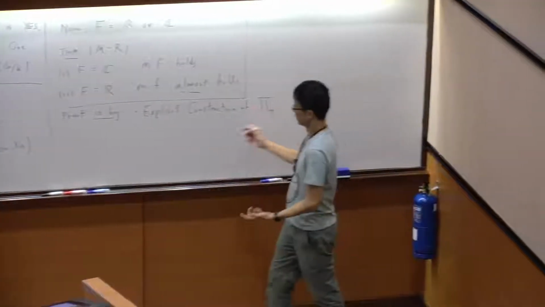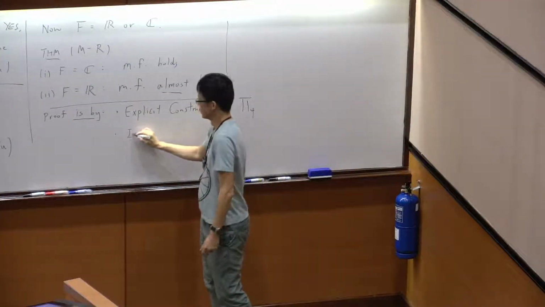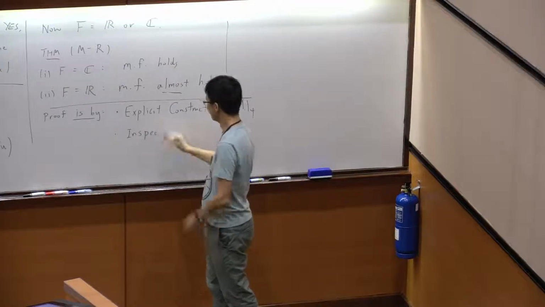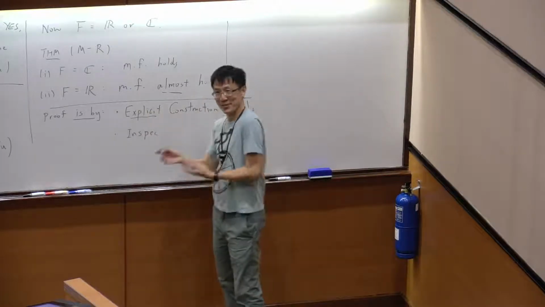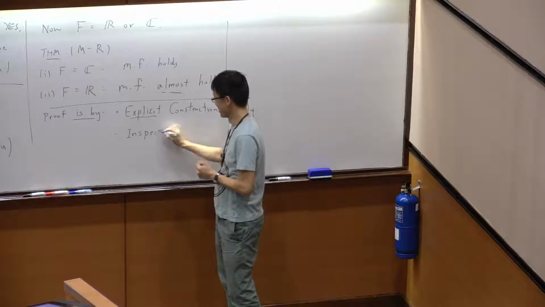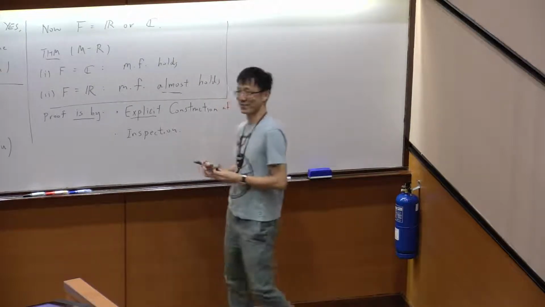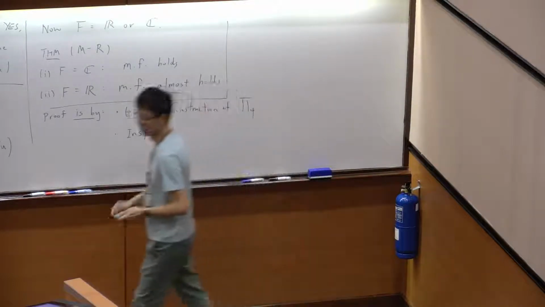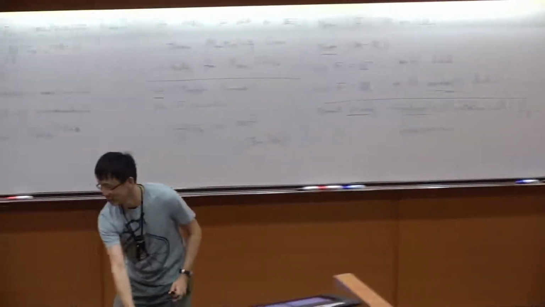Okay, and then, should I say inspection? If your construction is explicit enough, you can tell whether what you constructed is multiplicity free or not. Okay, so that's somehow the situation.